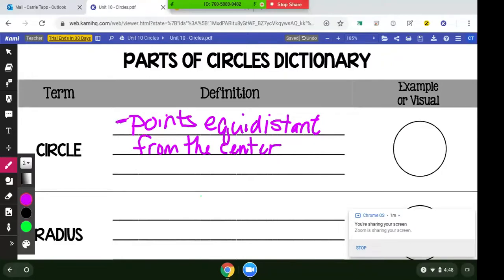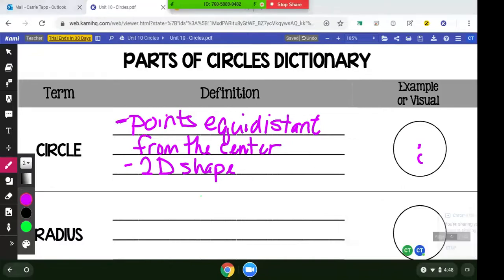Okay. Now, this is also a 2D shape. So a lot of them you'll see like the center will be labeled C. Here's your circle. So as you work through, you'll label your example, your visual on the right with what you have.